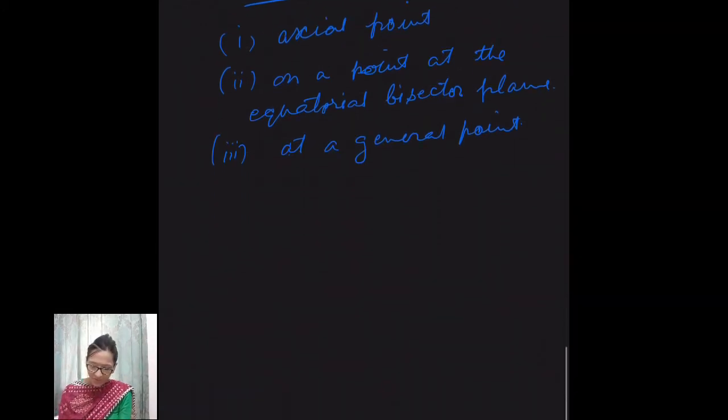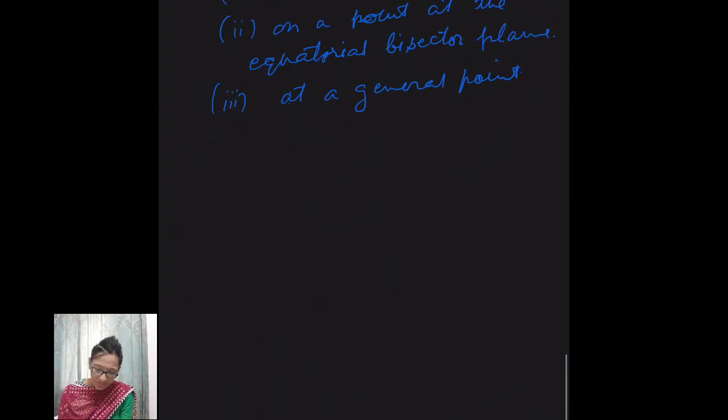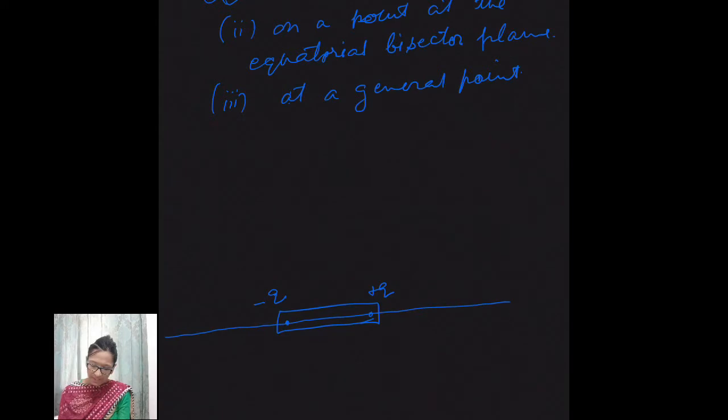So first of all, let me do question number 1. Let me take one dipole. There is a negative charge minus Q, there is a positive charge plus Q, and an axis passing through these two charges. The length of dipole is 2L, okay.